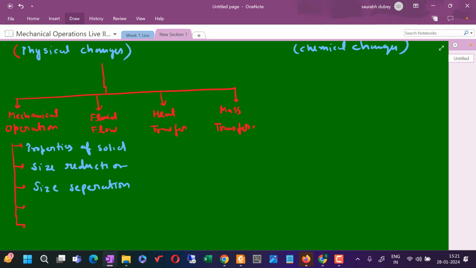Sedimentation comes under this umbrella. Then transportation of solid, where you will be learning about conveyors, and then mixing.